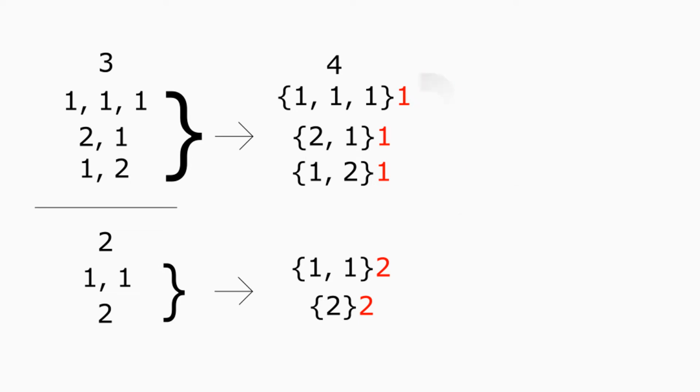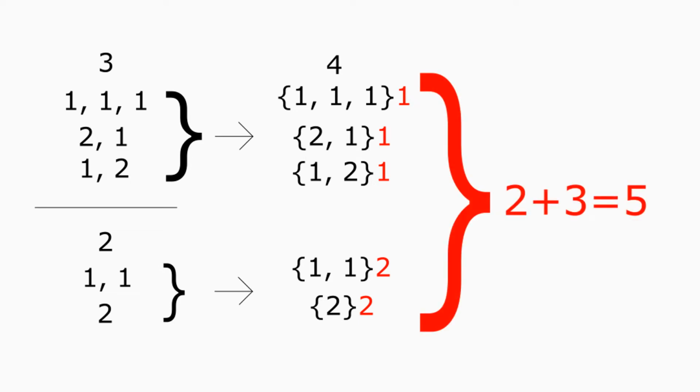So that ends up being 5 total possibilities, all the unique ways we can climb 4 stairs. To climb stair number 4, we have to add up all the unique ways we can climb 3 stairs plus all the unique ways we can climb 2 stairs.